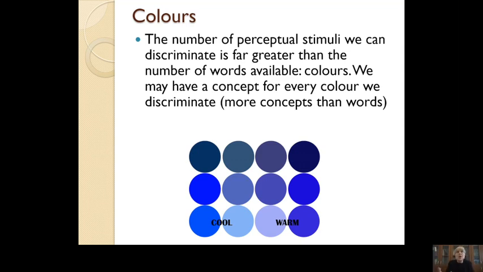This is blue. Of course, we may modify it. We may say dark blue, light blue, navy blue, warm blue, cool blue, whatever, but it is still blue. But we have in mind various shades of blue, okay? So again, as you can see, we have more concepts than there are words at our disposal to express them.